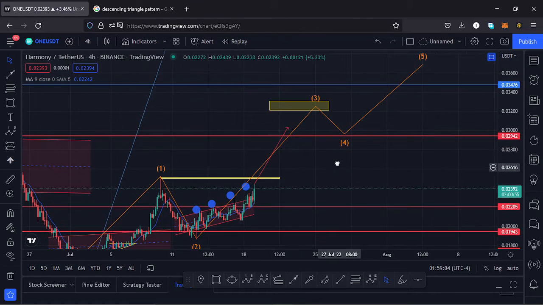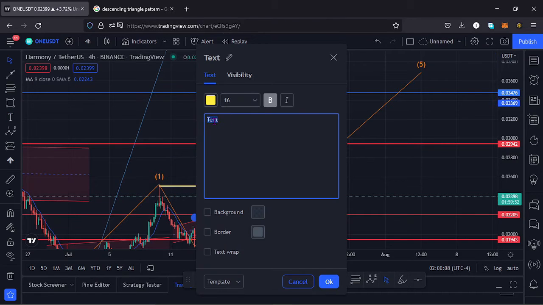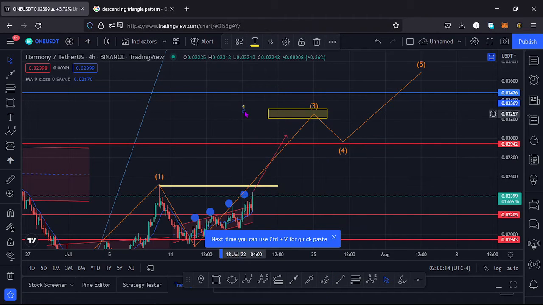And once we see that wave to the upper side, we can then see a retracement in a wave 4 and then a wave 5. Once we see the completion of that wave 5 to the upper side, then we can name this Elliott wave pattern to the upper side as a higher Elliott wave count 1.